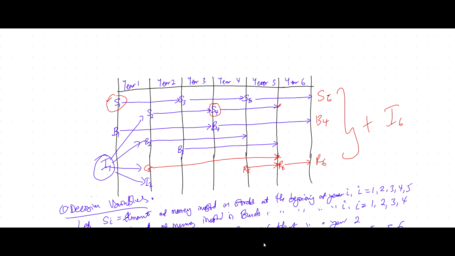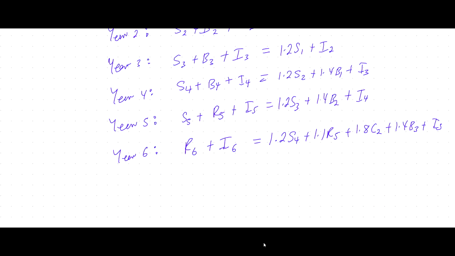We have B3 coming at this point. We have R5 also at this point. And before we have I5, right? That is not idle.